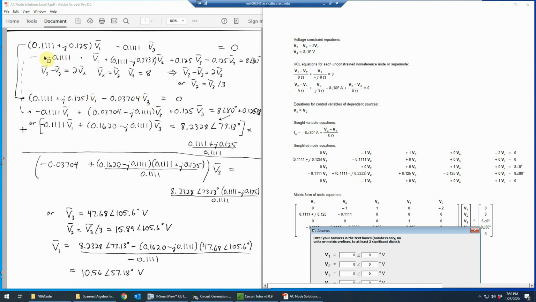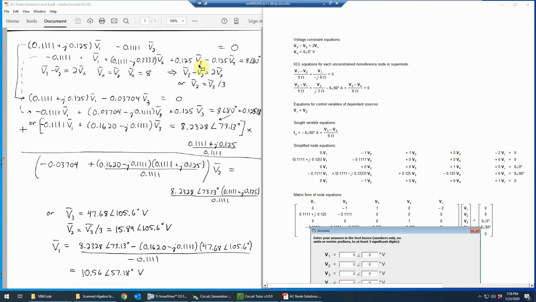And then the second equation, if you follow this dashed line down here, we still have the negative 0.111 v1. And then, again, I want to substitute for v2, so I'll have just v3 bar divided by 3. So I'll divide both of these coefficients by 3. And that will give me the 0.03704 again, except now it's positive, minus, just dividing, of course, 0.3333 by 3, it's minus j0.1111 v3.